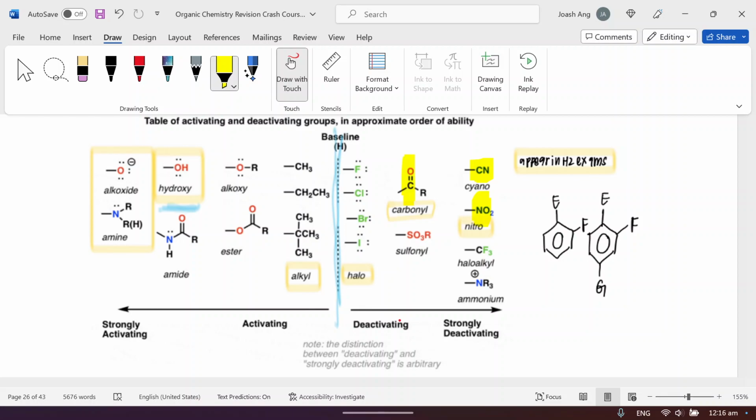Okay, and if you have highly electronegative atoms or a positively charged atom right here, it will also cause the electron density to decrease by inductive effect.